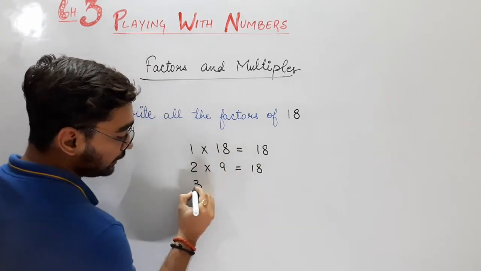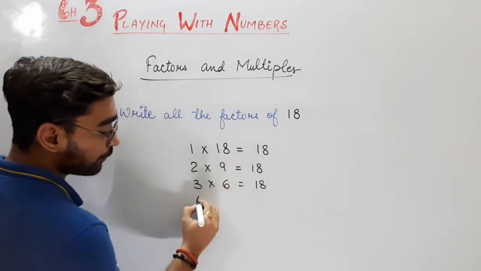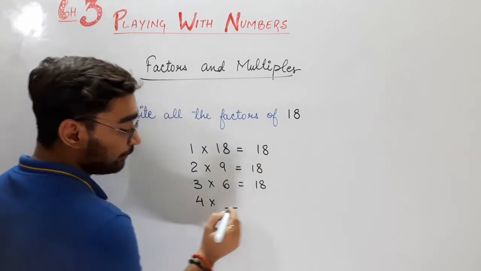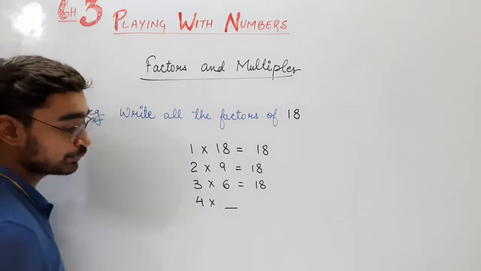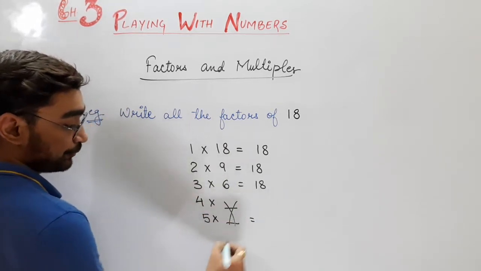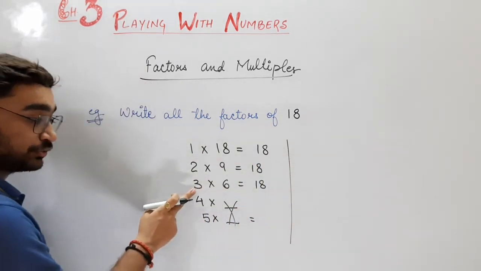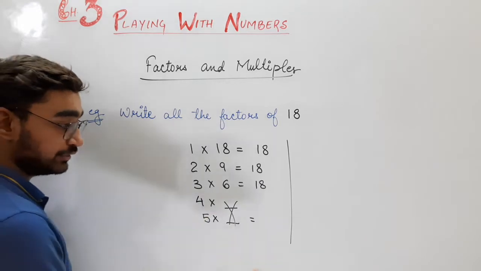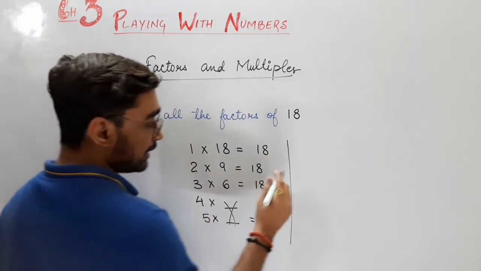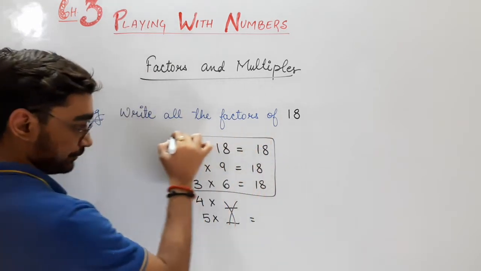What about 3? 3 sixes are 18. What about 4? Is there any number you can multiply with 4 to get 18? No. Is there any number you can multiply by 5 to get 18? No. But what about 6? If I check, 6 into 3 again comes, then 7, no, 8, no, then 9, like that. So we can say that only these give us 18.